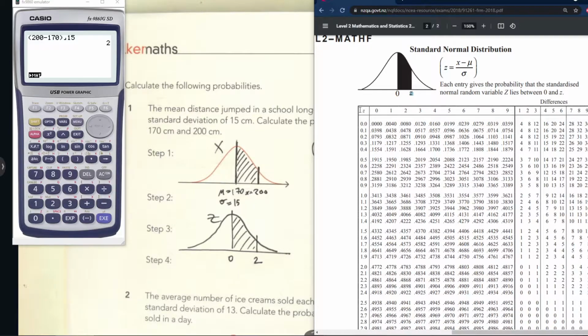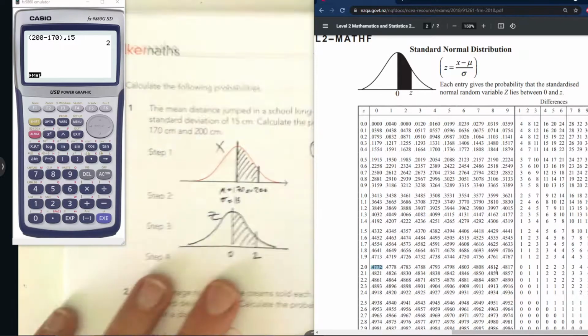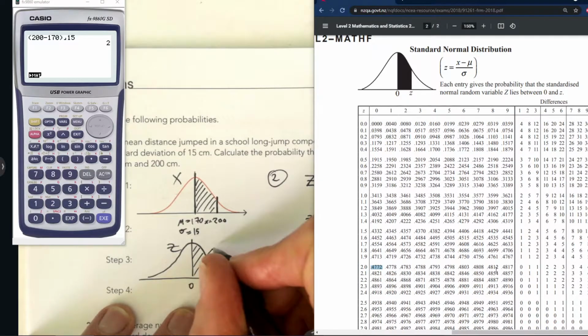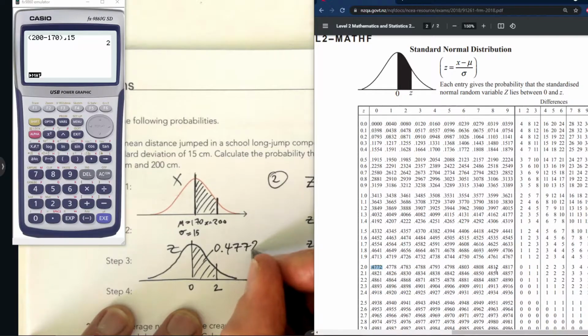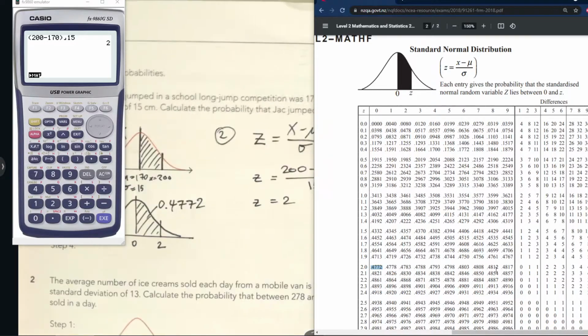So all we're looking for is a z value of 2.00. We go down to 2.0, and then we're looking at 2.00. There's no decimal points on this, so we just go down to the 0 one. So this is our answer. It's 0.4772. So this area here is 0.4772.